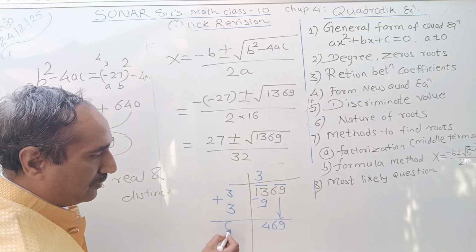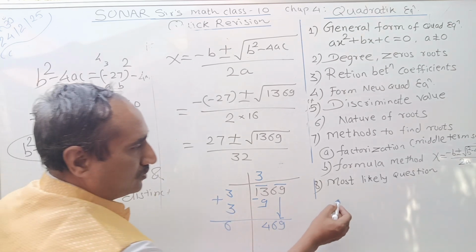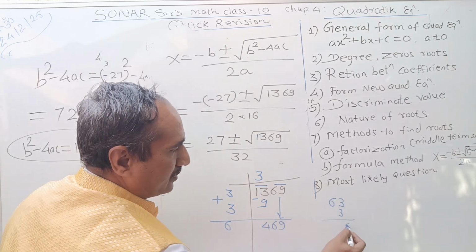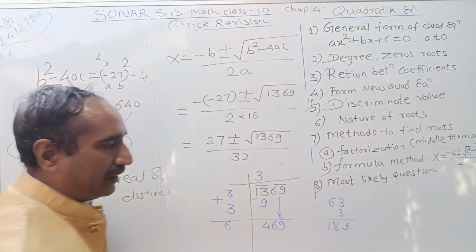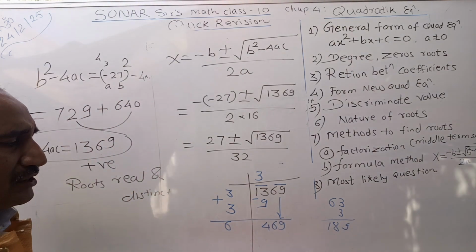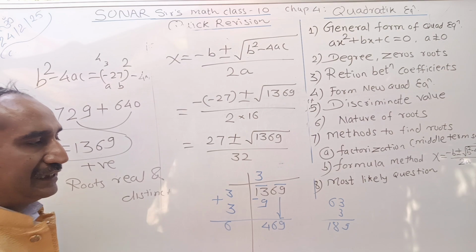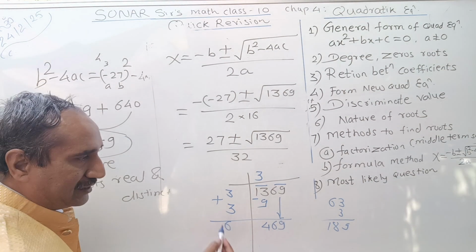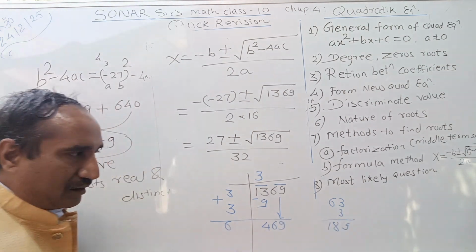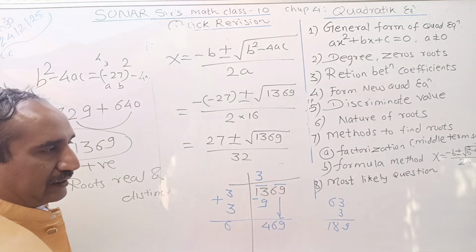Add these two numbers. Here is 9. So 3 times 3 is 9, 6 times 3 is 18. Again we'll check which number ends with 9. So here 6. 3 times 3 is 9. One more point, we can take 3.